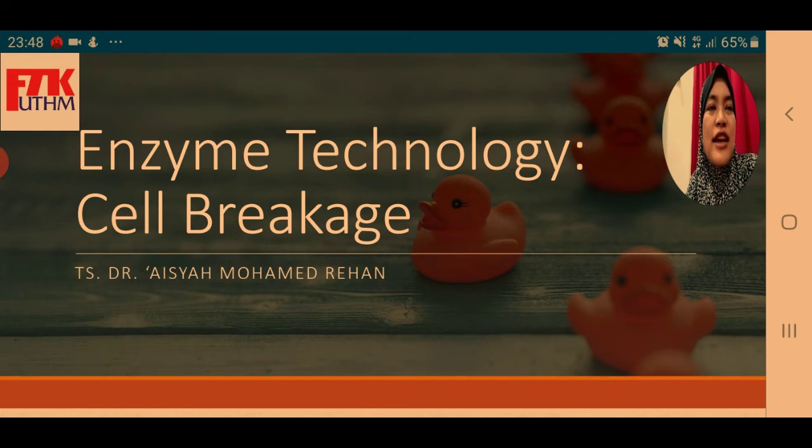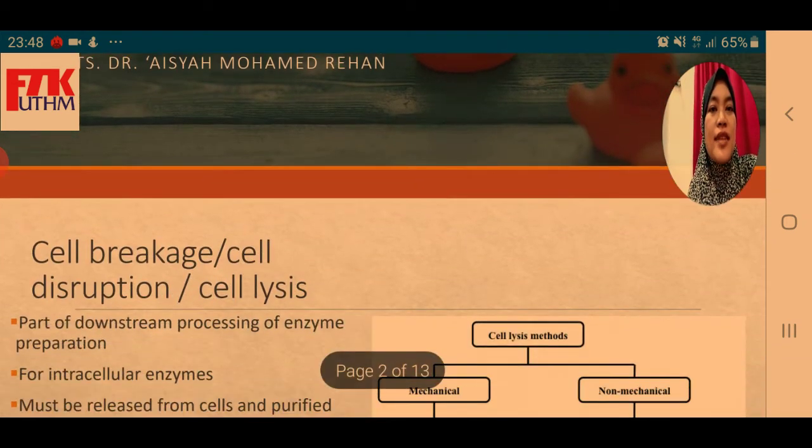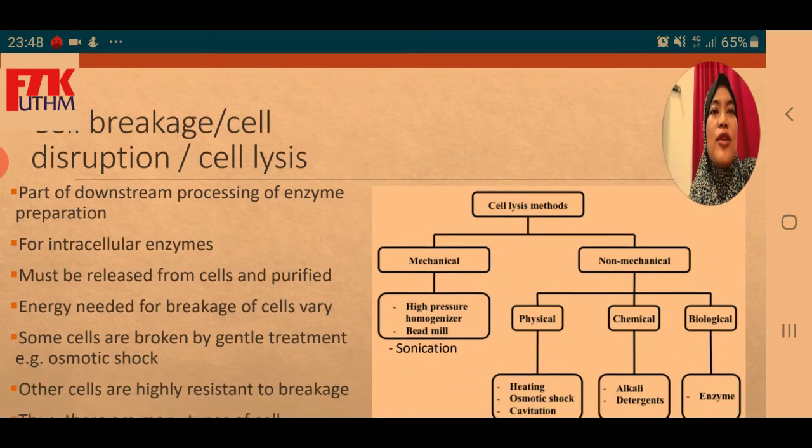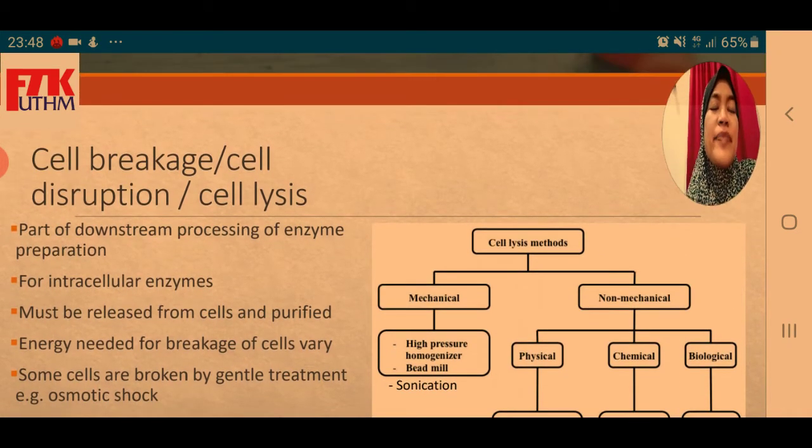So today I'm going to continue on another subtopic in enzyme preparation, which is on cell breakage. Other terms for cell breakage are cell disruption or cell lysis. All right, so we have covered a little bit on solid-liquid separation, which is part of downstream processing of enzyme preparation.